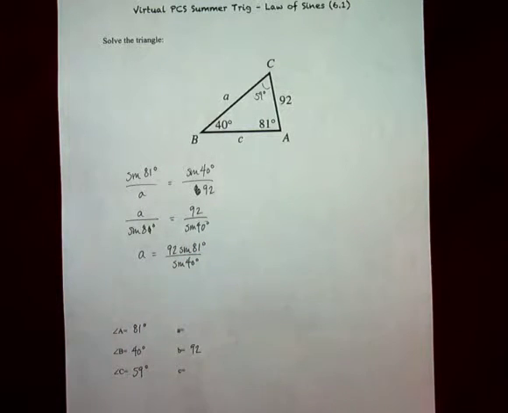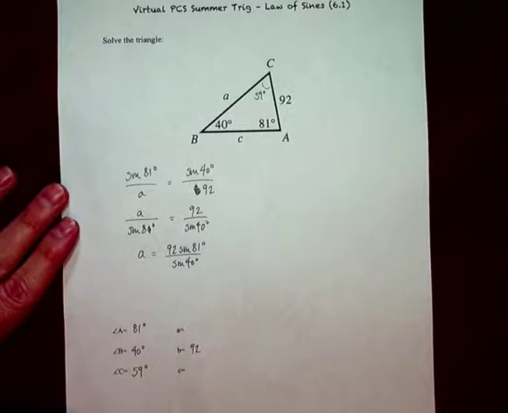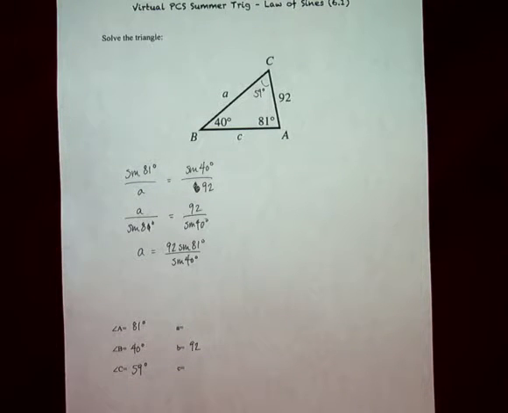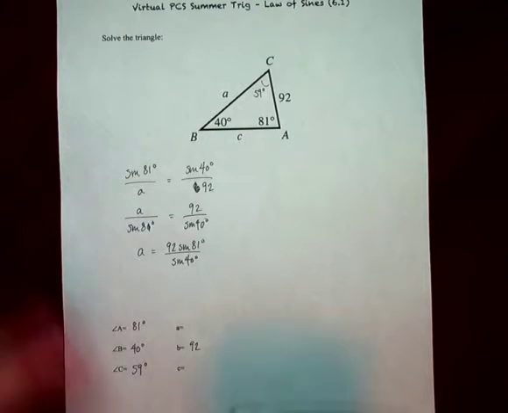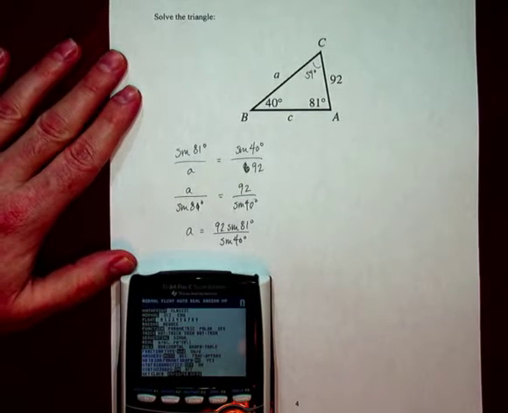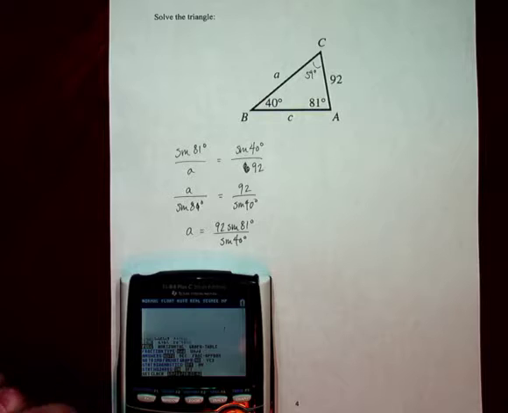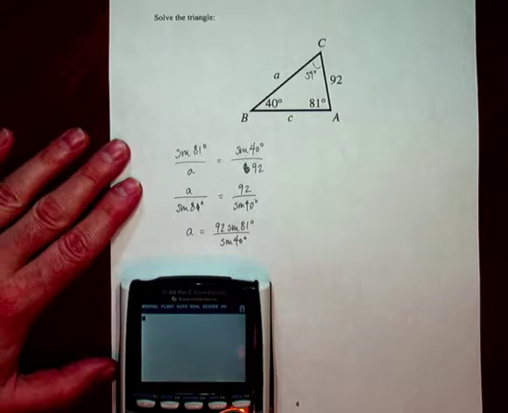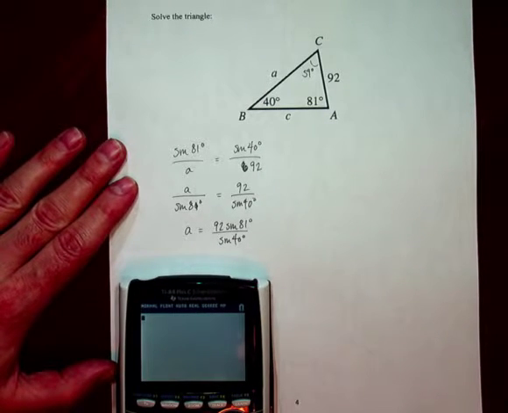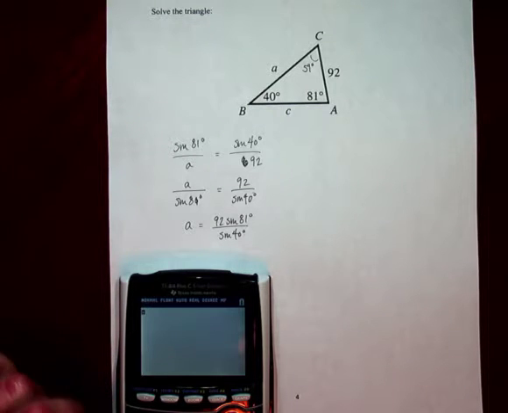Now, we have been dealing with radians for so long that when we get to law of sines and law of cosines, we're switching back largely to degrees. So you have to make sure that your calculator is actually in degree mode. Now that we're in degree mode, let's evaluate this.